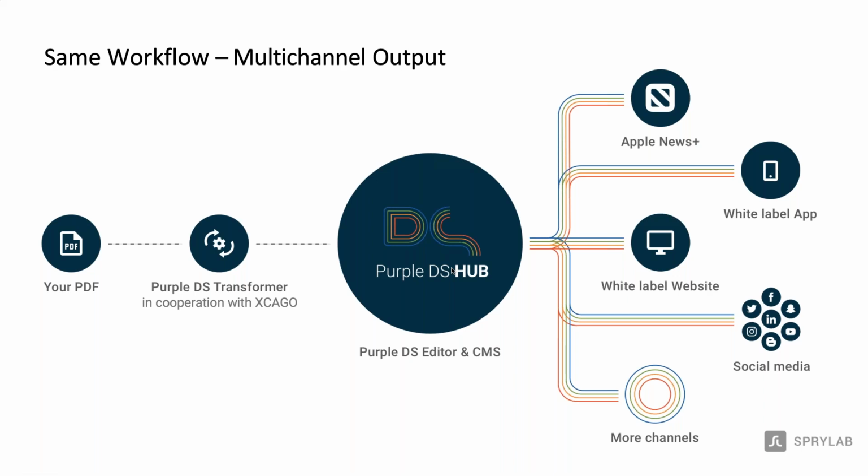And then you can enhance the articles with animation, with parallax, with sections, whatever you can think of, and then you can publish your enhanced article, of course, to Apple News Plus. That's what we're talking about today, the whole issue to Apple News Plus with one click, but you can reuse the enhanced content in your website, your app, and also on social media.